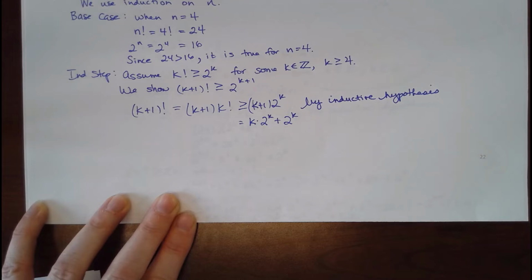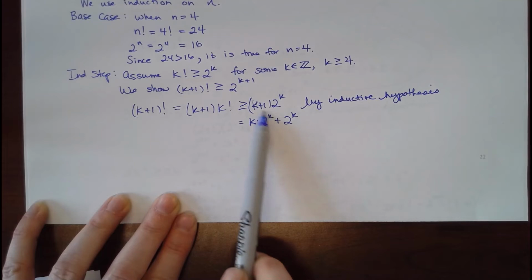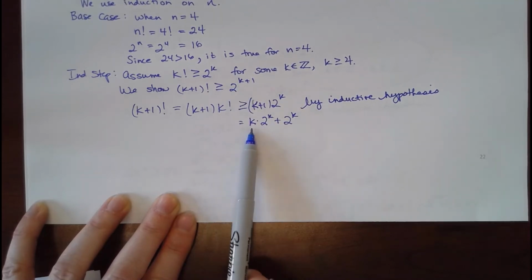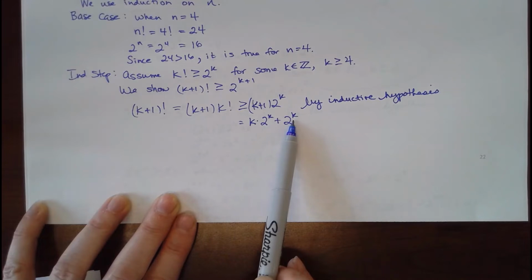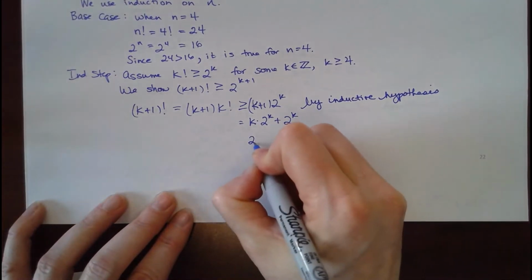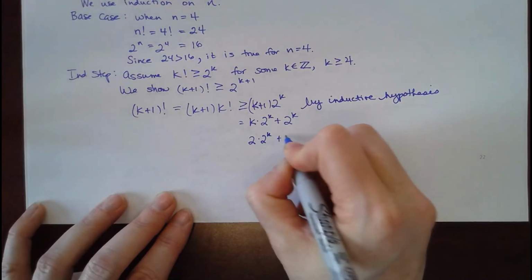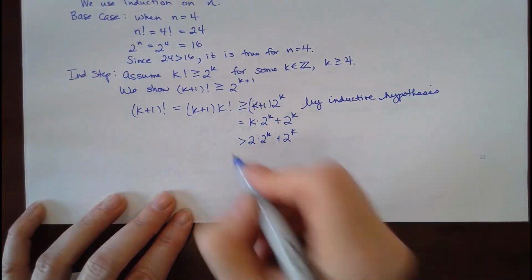So the question is, if I were to replace this k with 2 so that I could get this term to look like that, would that be okay? Would this be greater than or equal to 2 times 2 to the k plus 2 to the k?